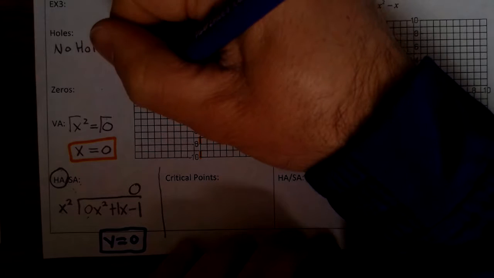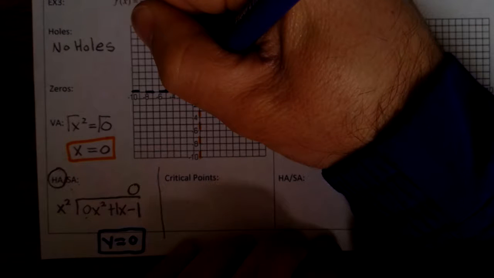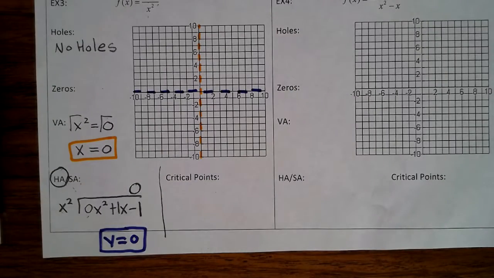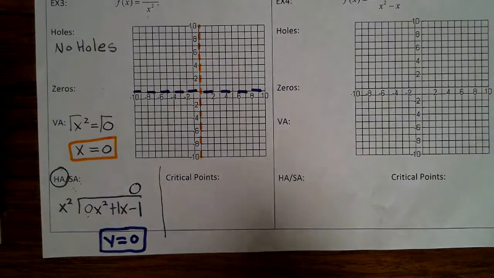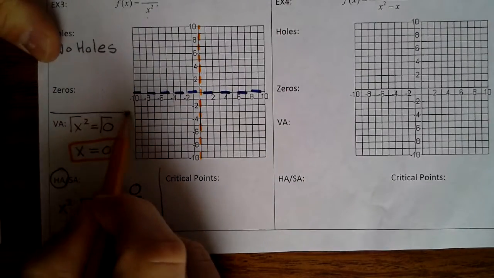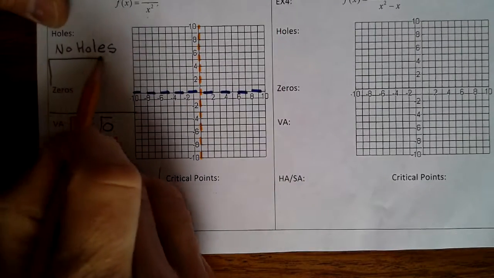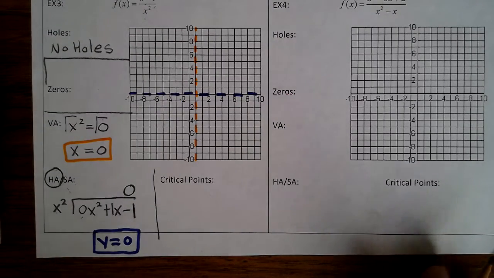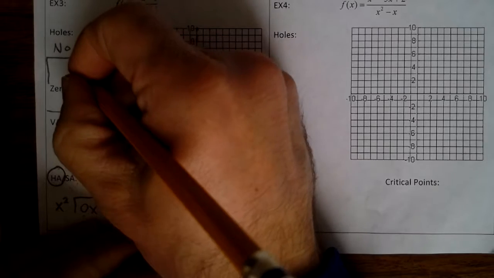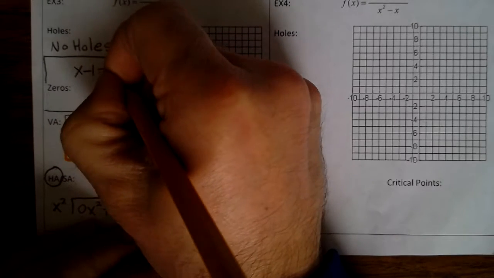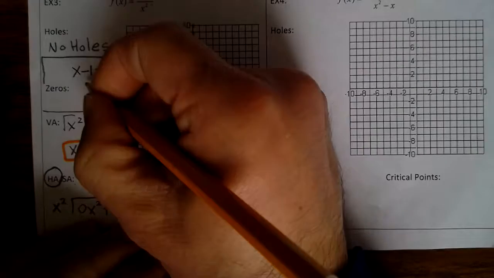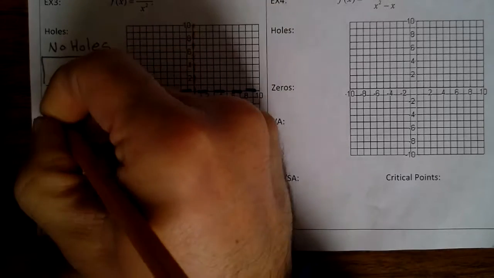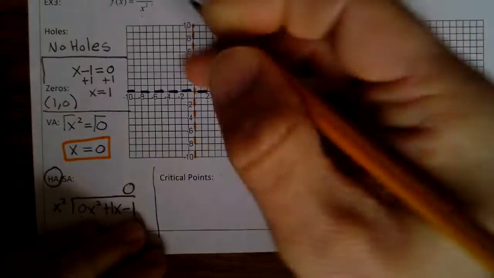Now, let me try not to forget the zeros like I did before, and you might need to steal space for that, but you set the numerator to 0, so x minus 1 equal to 0. So you add 1 to both sides, so x equals 1. So your 0 is 1 comma 0. Now this is a rare occasion where the point actually lies on the asymptote. I don't know why or how it occurs, but it occurs, and it is what it is.